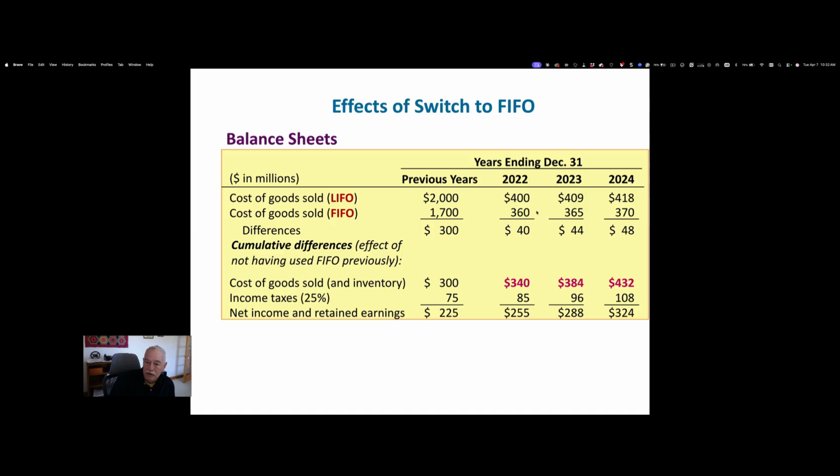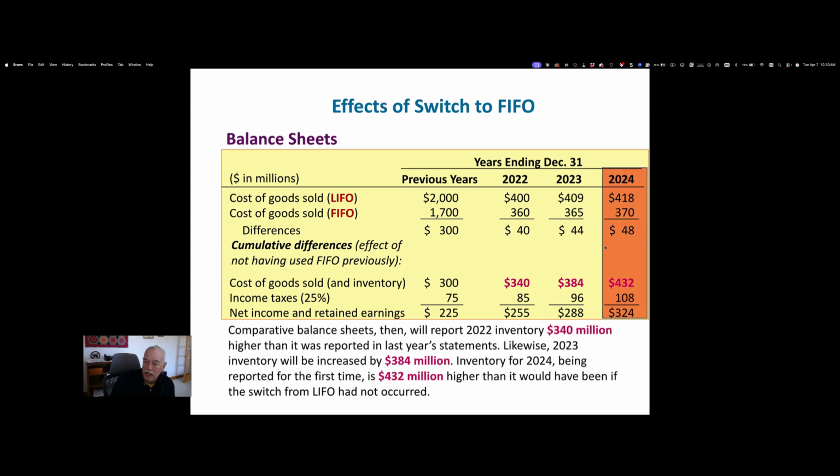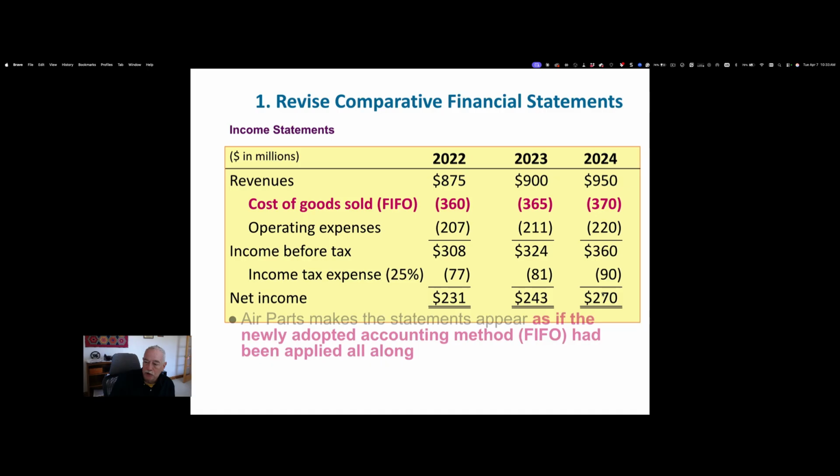This is the annual effect. The cumulative effect is taking the 300 cost of goods sold that was up through for all prior years, plus the 40 from that year, and that's 340, plus another 44 from 2023, that's 384, plus another 48, it makes 432.